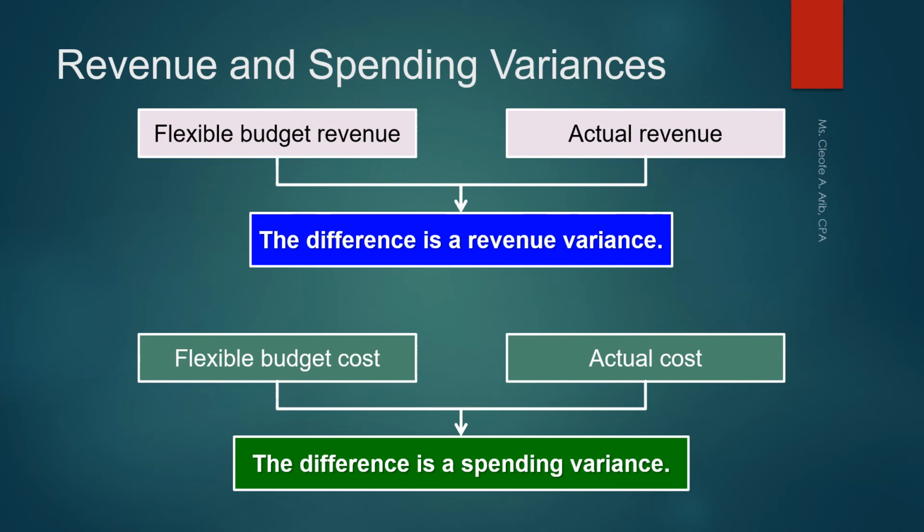It will be favorable if your flexible budget cost is higher or greater than your actual cost. If the opposite happens, meaning your actual cost is higher or greater than your flexible budget cost, then your variance is unfavorable.